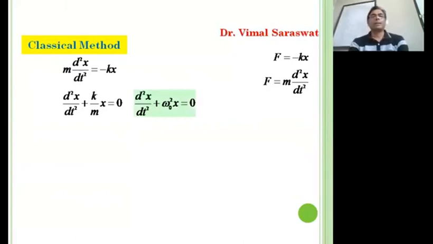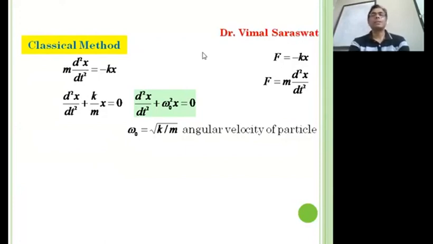Or this will be d2x upon dt2 plus omega naught square x equals 0. Here omega naught is equal to root k by m and it is known as the angular velocity of the particle. And this equation is known as the equation of simple harmonic motion.